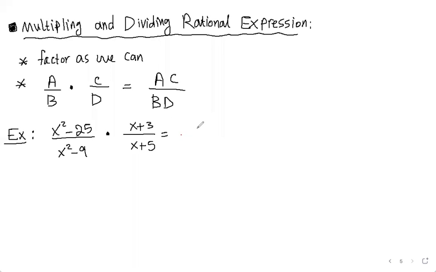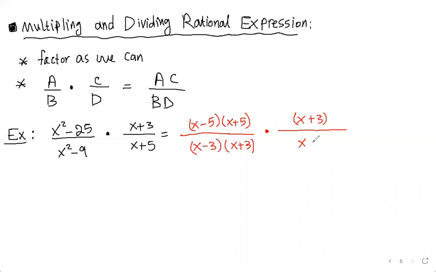So again, we factor. x minus 5 times x plus 5 over x minus 3 times x plus 3, multiplying by x plus 3 over x plus 5.